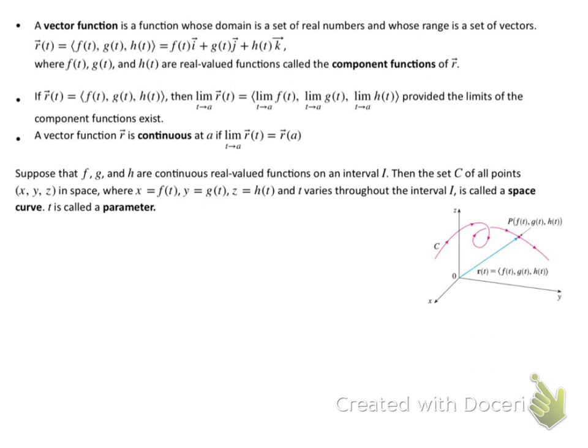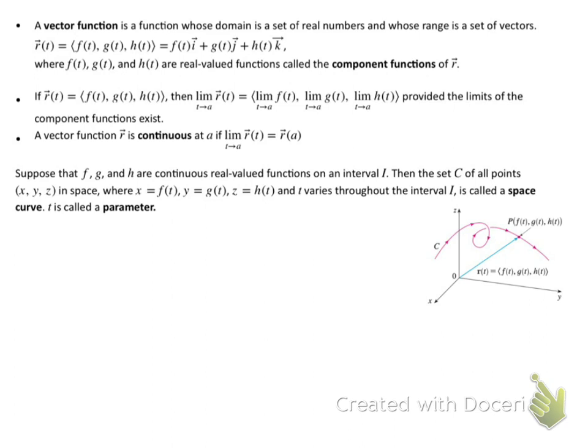Each t gives you 1 point in space, and if the vector function is continuous, the movement of the point will also be continuous.